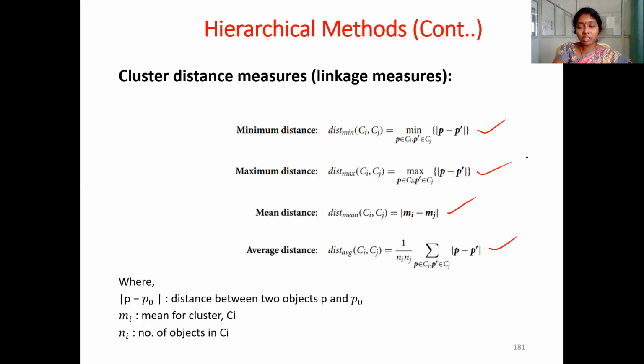Based on these four cases, you can assess the similarity between the clusters. Here is some description, you can go through it. We can have some methods in hierarchical clustering, and I will discuss that in the next class.